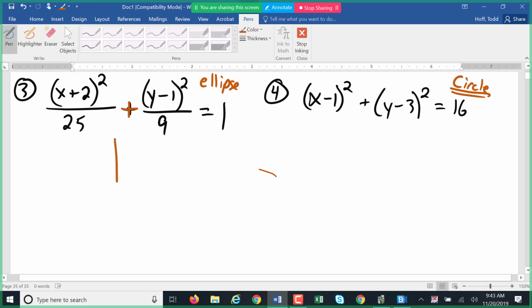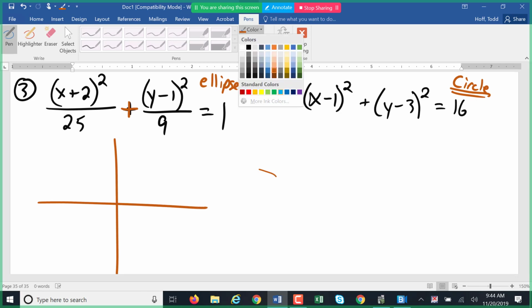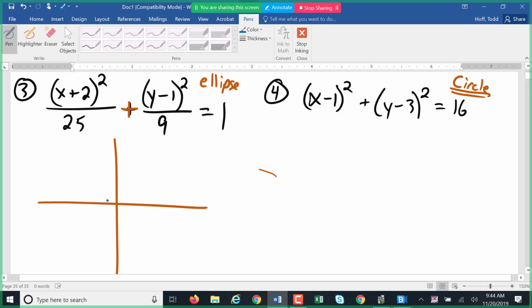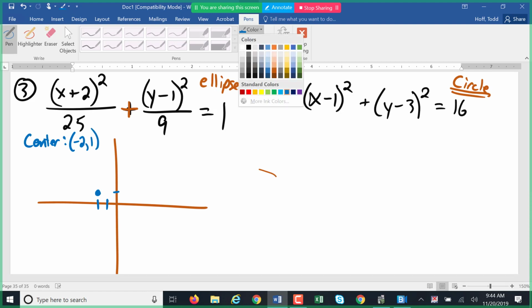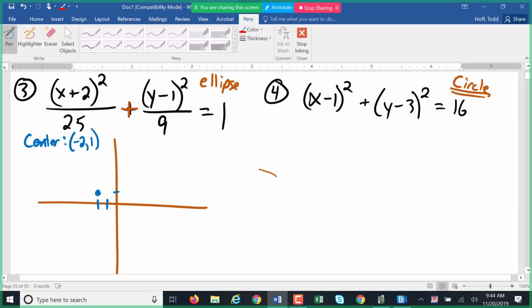So if we go to graph that, we have x plus 2, so that tells us x is at negative 2. Y minus 1 tells us that y is at positive 1. There's our center. So center is at negative 2, 1. Now here, it doesn't matter which one comes first or second.